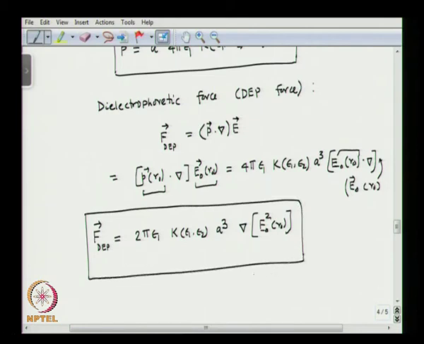Okay. So that dielectrophoretic force would depend on the Clausius-Mossotti factor, the dielectric constant of the fluid, the size of the sphere, and the gradient of the square of the electric field. Okay. So what we learn from here is that the dielectrophoretic force is independent of the sign of the electric field. Okay.